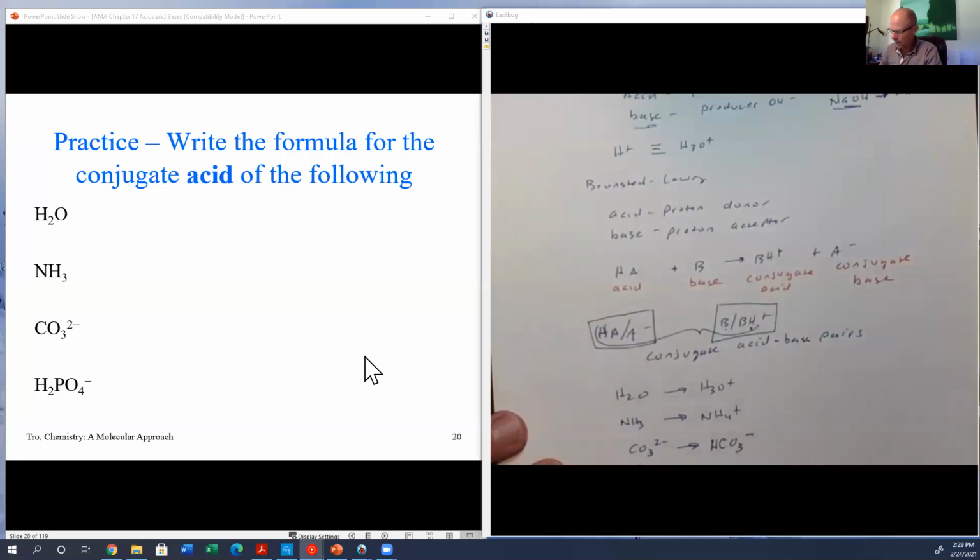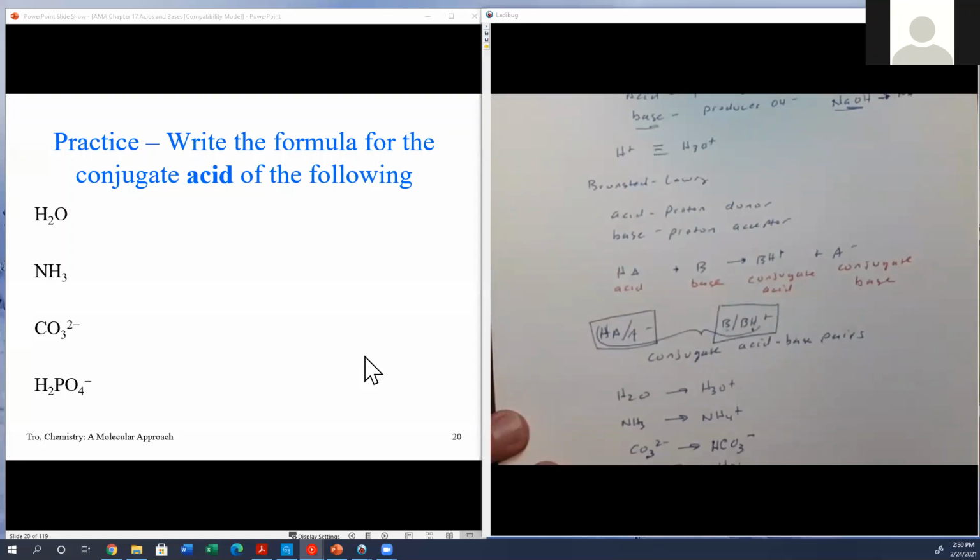That's the conjugate acid of that base. And then what about H2PO4 minus? What would be the conjugate acid of that base? H3PO4. Correct, H3PO4. Does that make sense? Taylor?